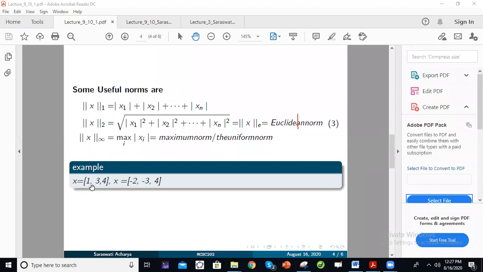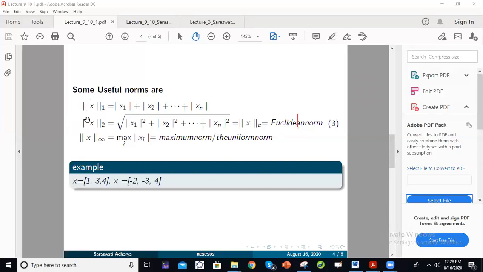x equals 1, 3, 4. What is the one norm and how can we find it? According to the formula, the absolute of 1 plus the absolute of 3 plus the absolute of 4. If any entry is negative, its absolute value will be positive. We calculate it this way: 1 plus 3 plus 4 is 8. We can easily find the one norm, no confusion.